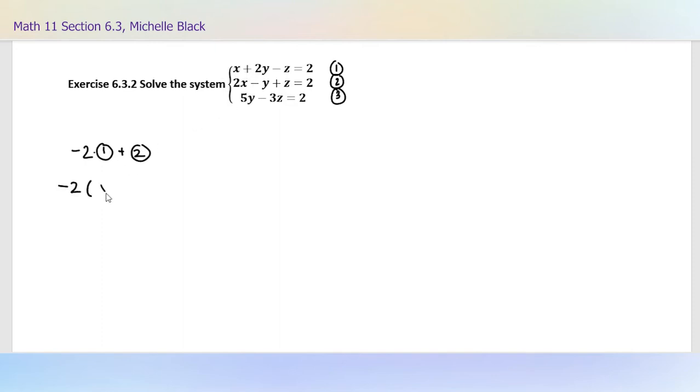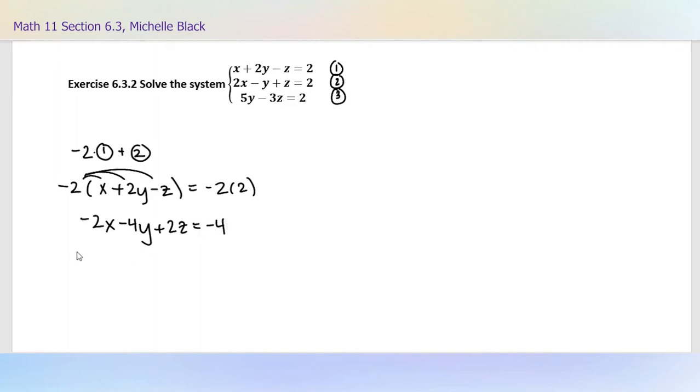So I'm going to start by multiplying that top equation by -2, and make sure you do it to both sides. So that's -2x minus 4y plus 2z equals -4.